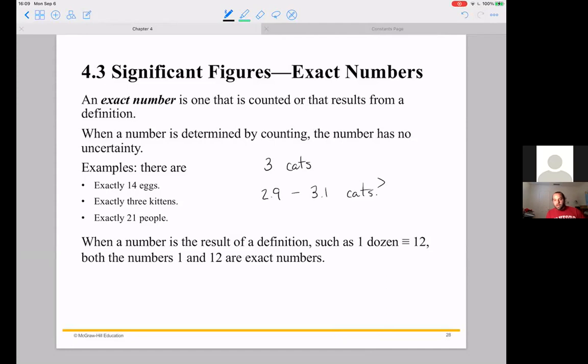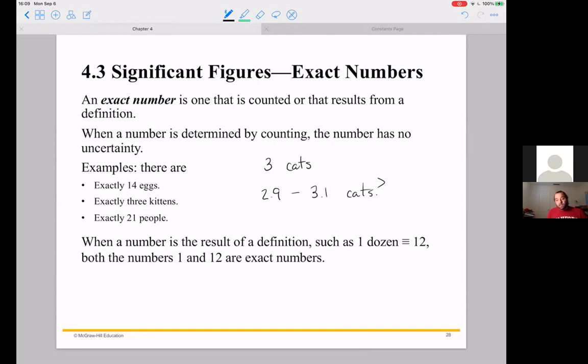You're talking about exactly 3 cats. 21 people, it's the same idea. Is it maybe 21.1 people or 20.9 people? No, you're always talking about exactly 21 people. So anything that's a count, 1, 2, 3, those are exact numbers, and they don't have significant figures. You don't have to worry about them.